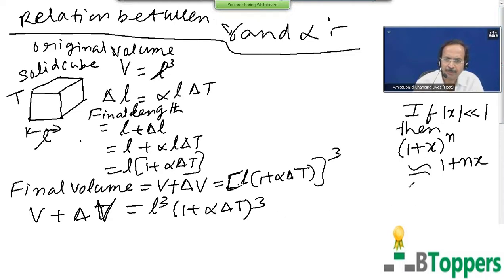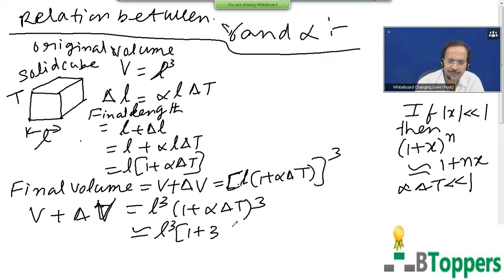Here in this case, the product alpha into delta T in practice will be much less than 1. So we can use this approximation. So this can be written as L cube into 1 plus 3 alpha delta T nearly.